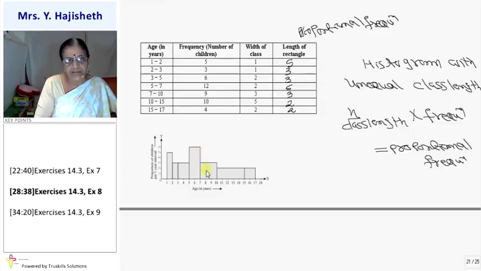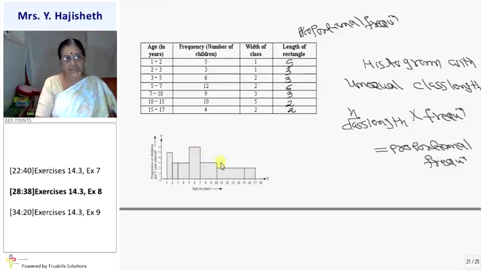Then this rectangle of width 3 centimeter and height 3 centimeter. Here, what is width? Width is 5 centimeter and height is 2 centimeter, and here width is 2 centimeter and height is 2 centimeter.